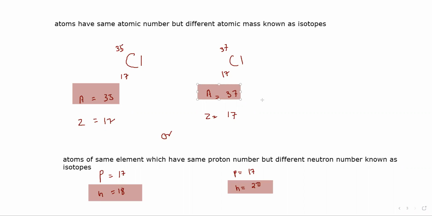So the definition of isotope you have to learn, and identification from the table. You don't have to memorize any atomic number or atomic mass, that will be given in the question. You just have to identify the isotopes, and on the basis of proton number. Z indicates atomic number, A indicates atomic mass or nucleon number.